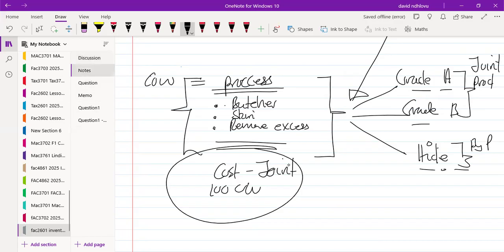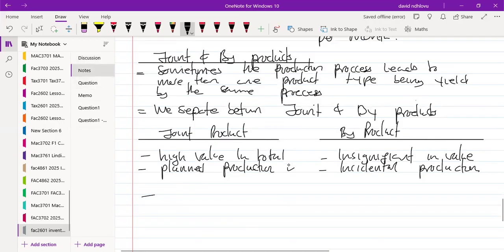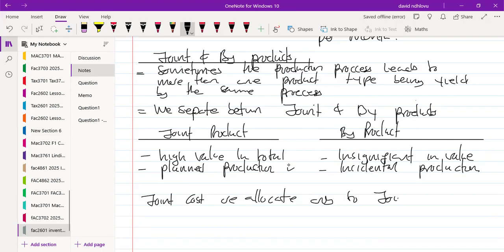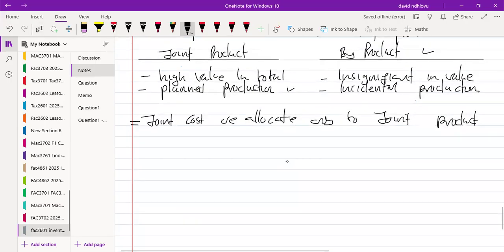So now this is what happens, right? Joint costs are allocated only to joint products. Right, so which means we don't allocate any joint cost to the what? To the byproduct.